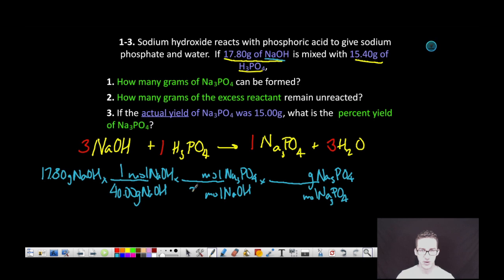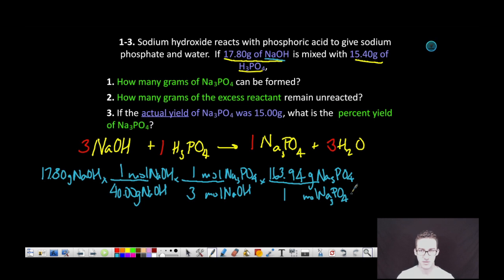So for every 3 moles of sodium hydroxide, I'm going to make 1 mole of sodium phosphate. And then again, another mole to gram relationship. That's going to again come from the periodic table. 1 mole of sodium phosphate has a mass of 163.94 grams.